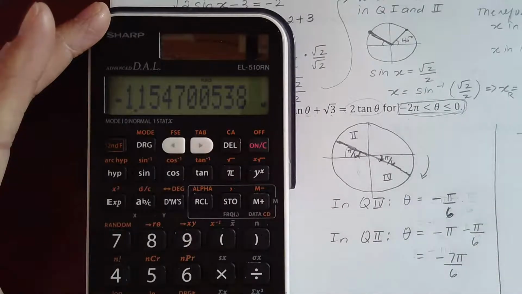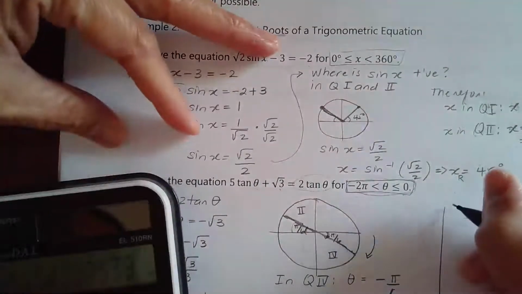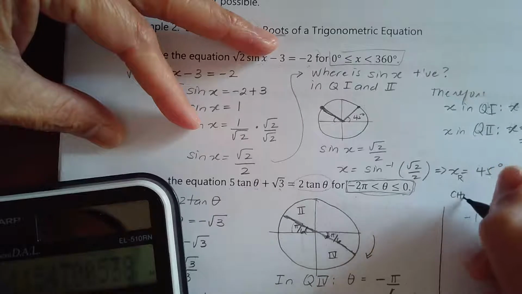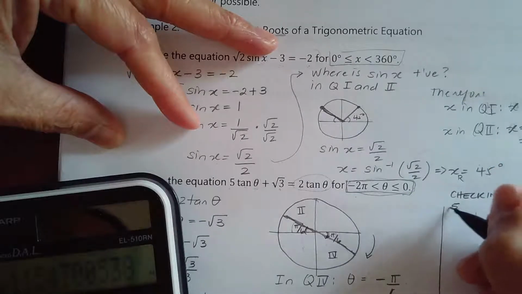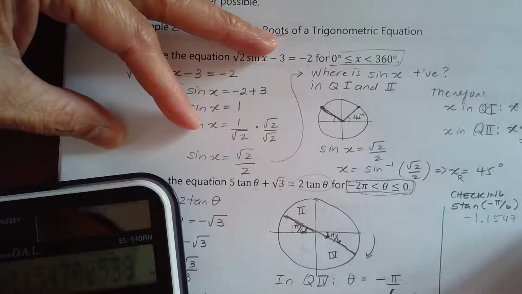So the left side is equal to the right side. I'll write that down in here. So this is our checking. 5 tan of negative pi by 6 plus root 3 is equal to 2 tan of negative pi by 6.